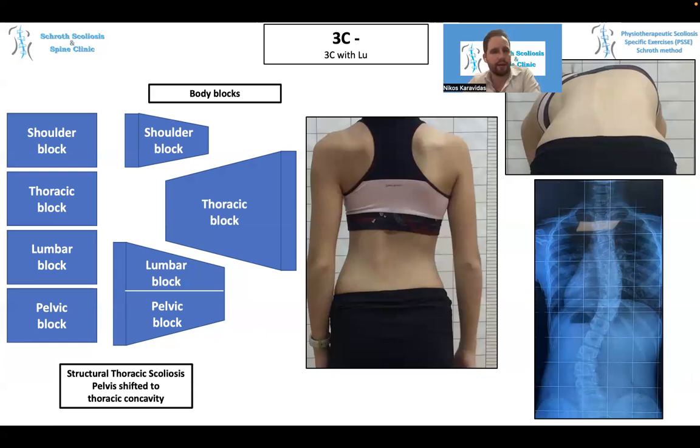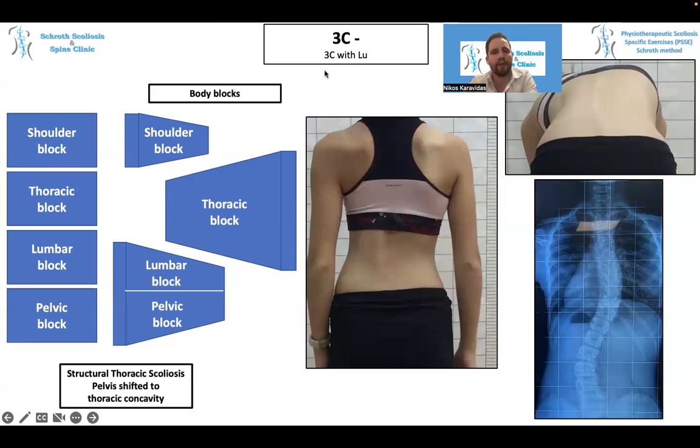However, I need to explain this case also in relation to other Schroth schools' classifications. First of all, this is a type that is not described in Schroth ISST. This should be for them a T, H, L type, but it is not described at all.